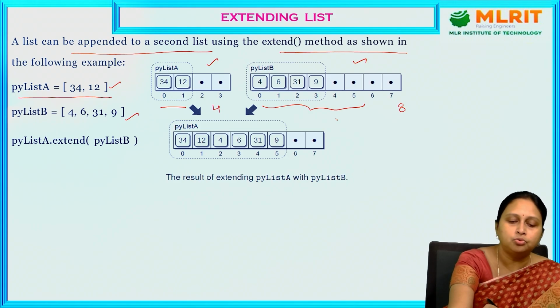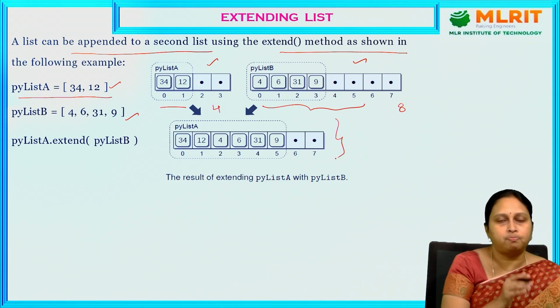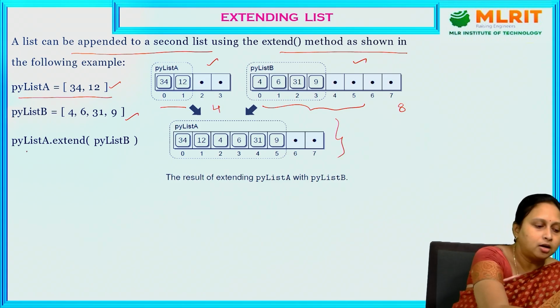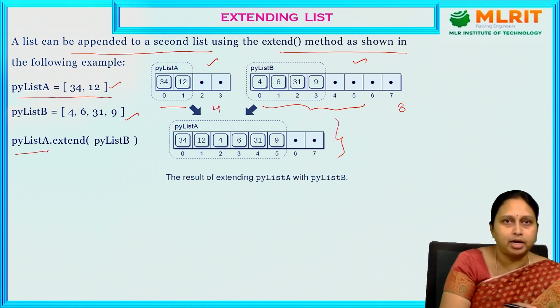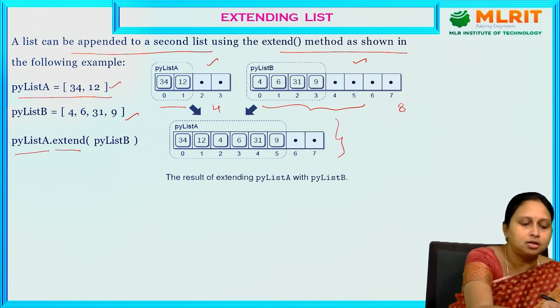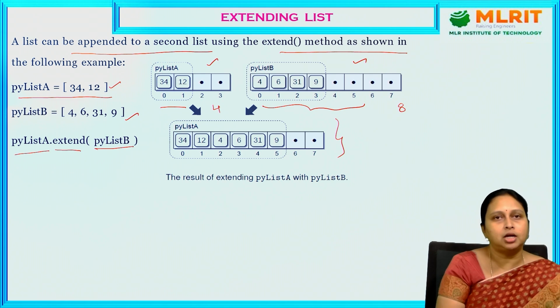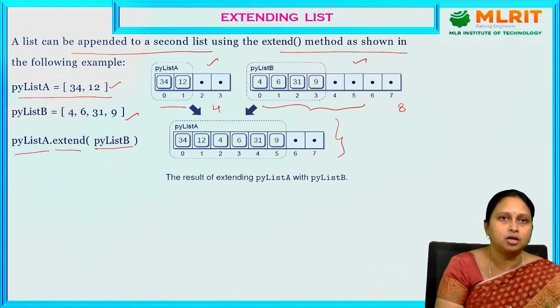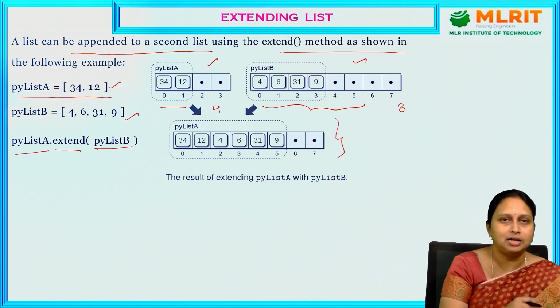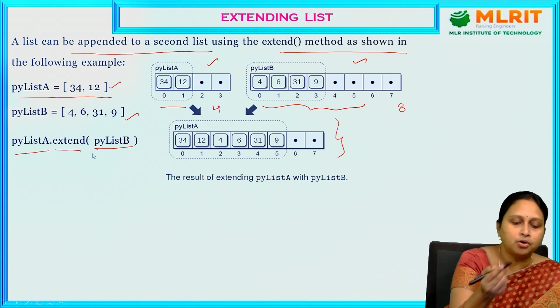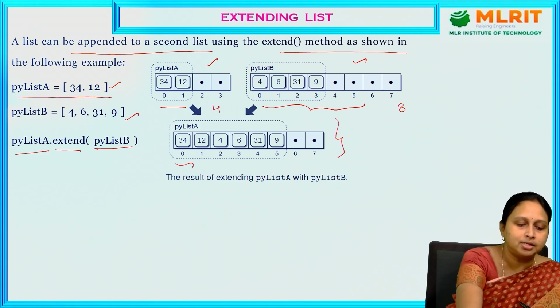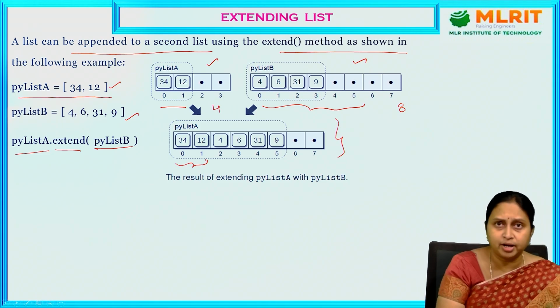Now how to perform the extension of list A with list B? For that, list A dot extend is a method where we are going to extend with list B. This is the method we are going to apply to extend list A. So when you do this, the first two elements are 34 and 12.